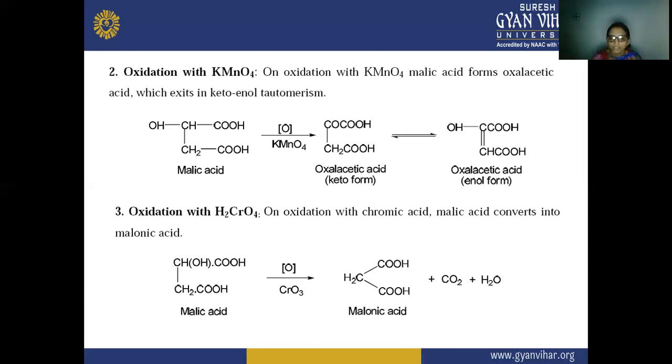So this malic acid is oxidized with chromic acid, and there is a formation of malonic acid. Here you can see this CH2 is bonded to this COOH, and from here there is a removal of this COOH, which means carbon dioxide is evolved, plus a water molecule is evolved.